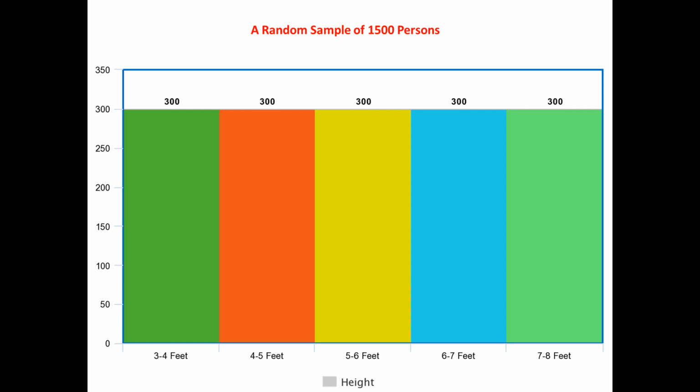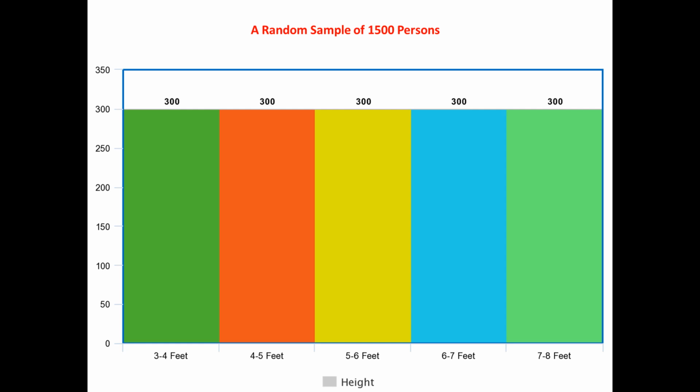What will happen is when you do a random sample of people coming in and going out of a mall, and you note down the height of 1500 individuals, what you are likely to find is that you may find one or two or three or four people who are actually between 3 and 4 feet. Similarly, you may find a couple of people who are 7 to 8 feet.